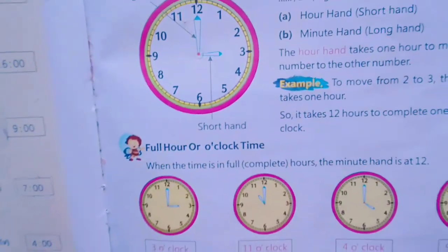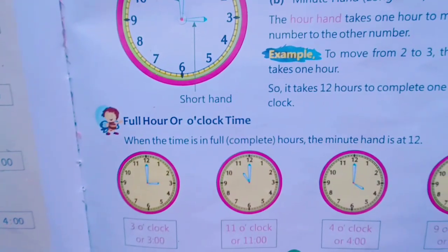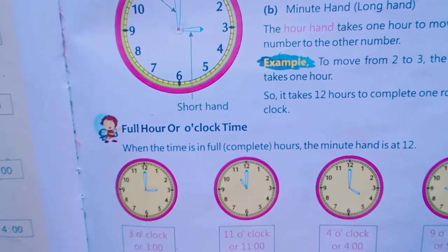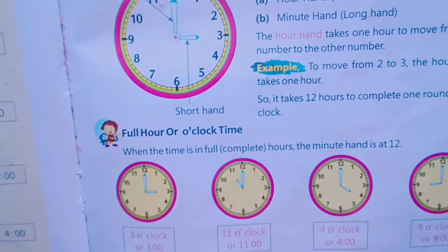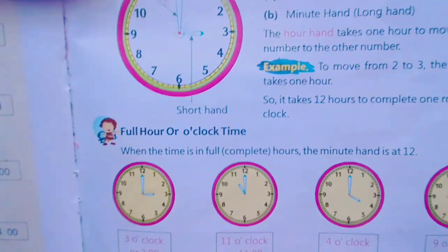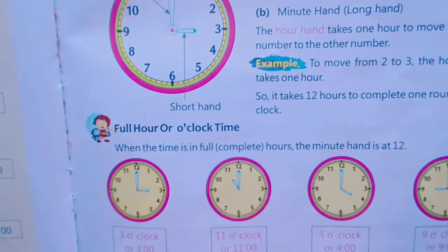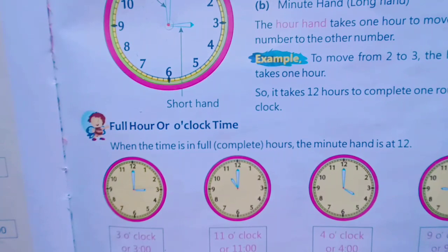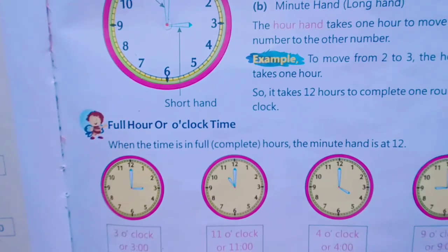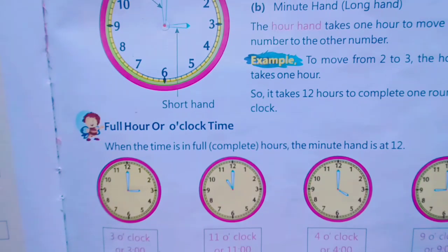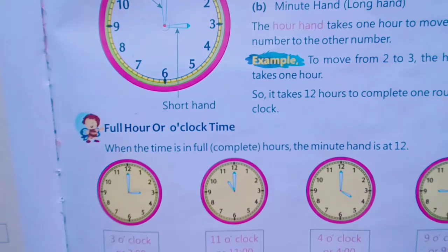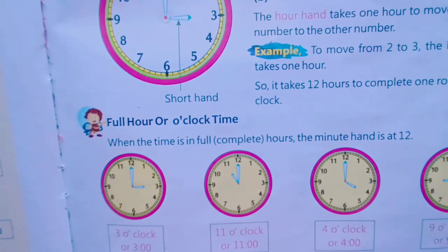Now we will learn full hours, or o'clock time. When the time is in full complete hours, the minute hand is at 12. Children, keep in your mind: whenever the minute hand is at 12, the time will be complete hours.